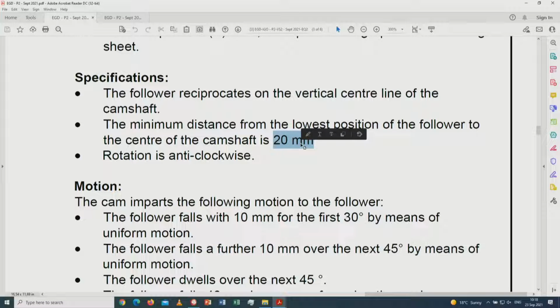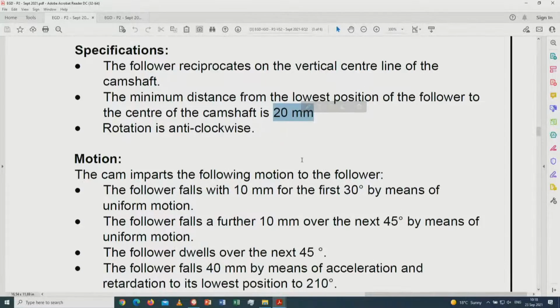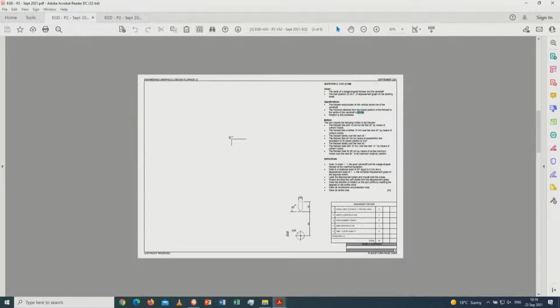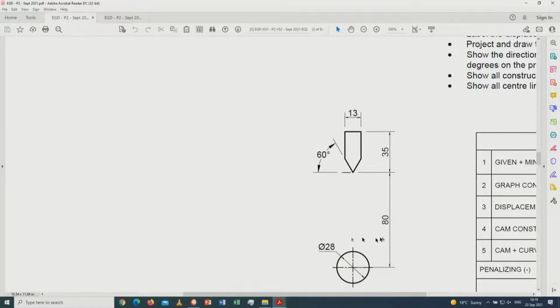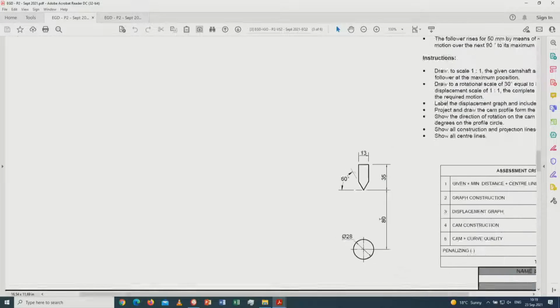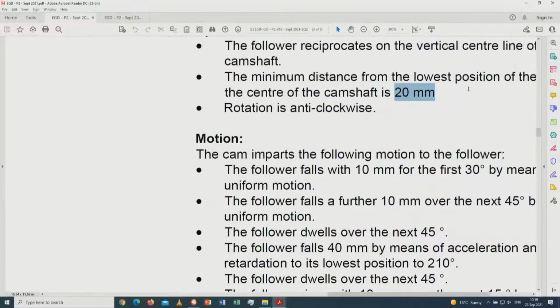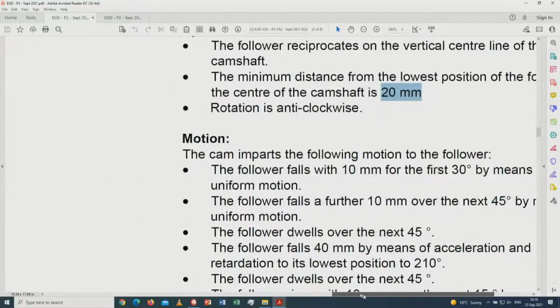Many learners ask, if it goes down 60 millimeters, why do I go for 80 millimeters over here? Simply because that position is from that point 60 downwards for the maximum, and then a clearance of 20 millimeters that is pointed out to you over here.